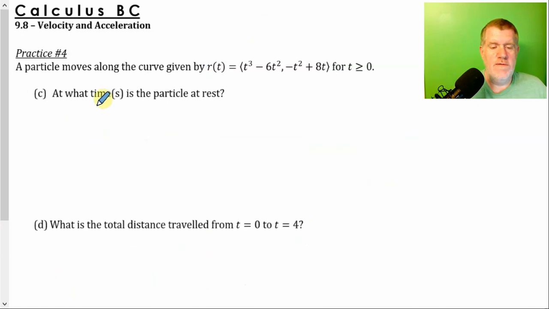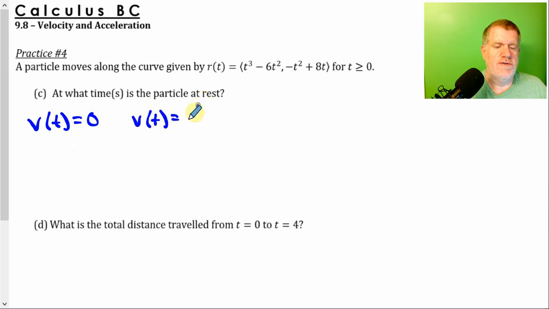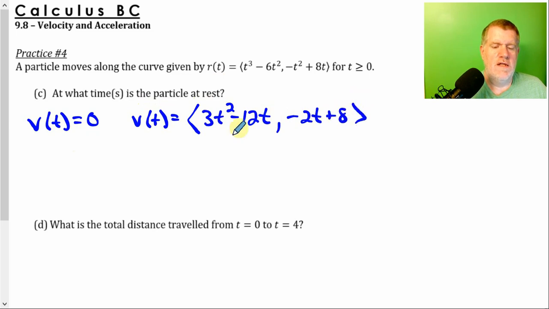What time or times is the particle at rest? Remember, particle at rest when the velocity equals 0. Well, actually, we have our velocity, right? Which was 3t squared minus 12t and negative 2t plus 8. Okay, let's start with this one first.